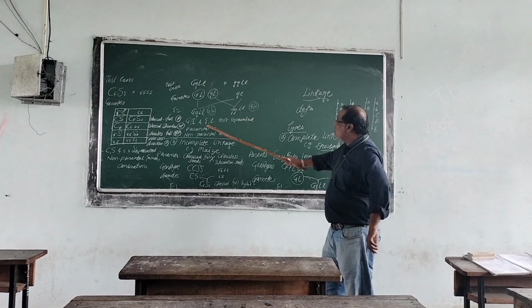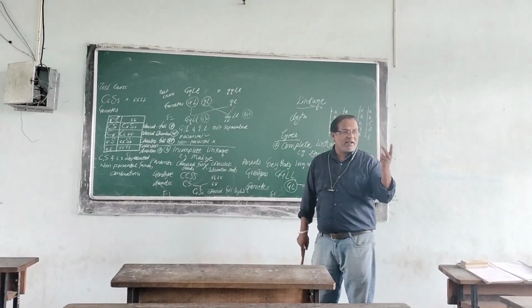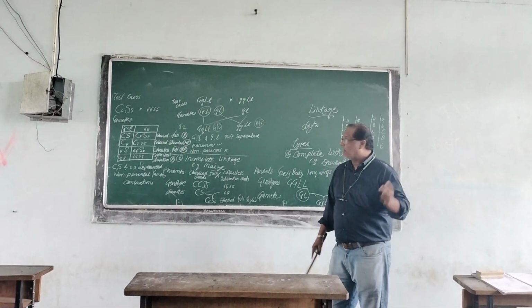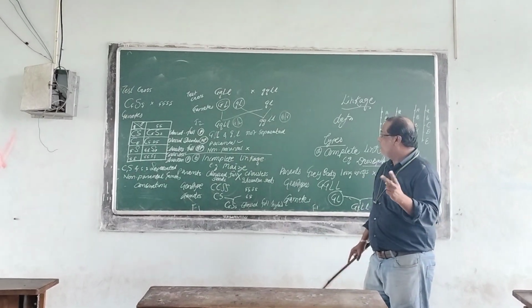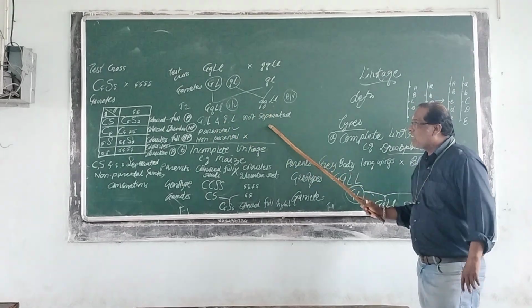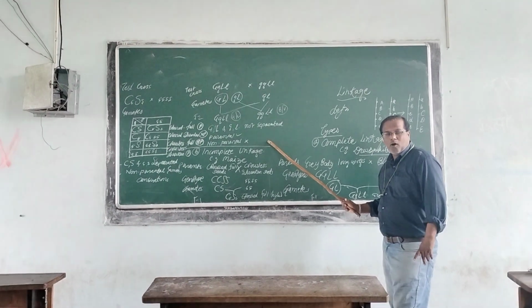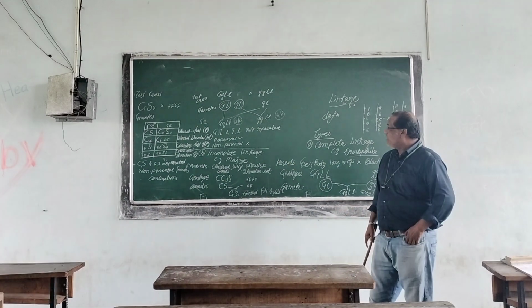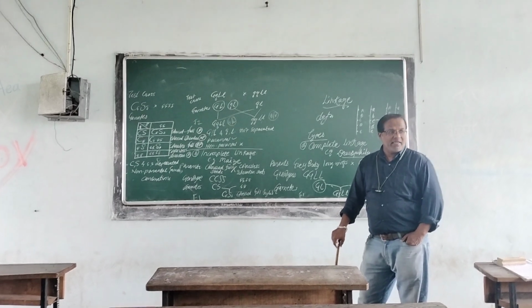This happens because capital G and capital L are not separated, and small g and small l are not separated, and therefore only parental combinations are formed. Non-parental combinations are not formed. This type of linkage is known as complete linkage.